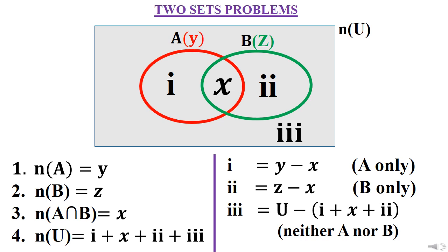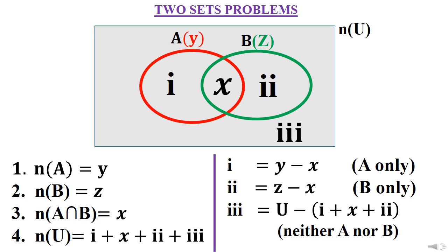Set A, which can be accounting, agric, or what have you, and it can also be the set A itself. In red, we have set B, which can be business, biology, and so forth, or it can also be set B itself. And it has also been represented by a green circle.